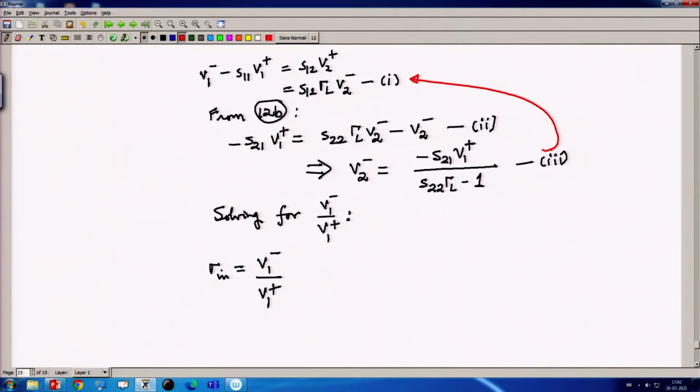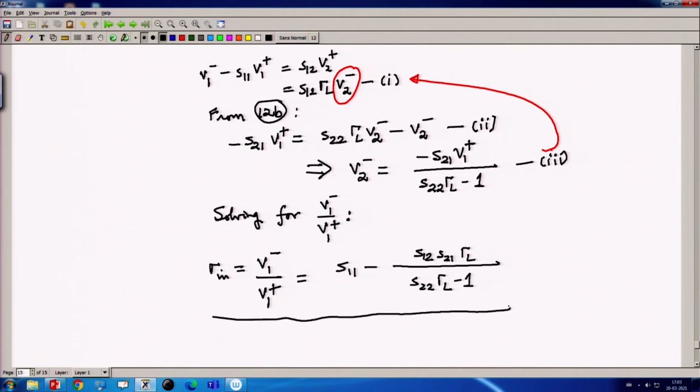So, you replace V2 minus by this term. So, we will get a relationship involving V1 minus and V1 plus, and then we will get, if we just do simple algebra. So, we call this equation 14.